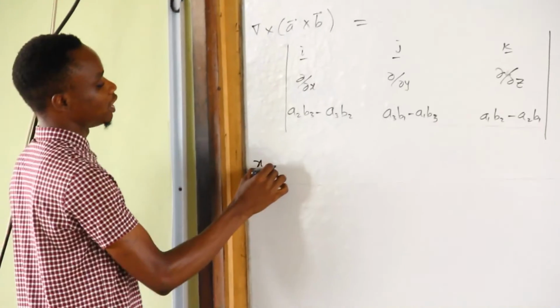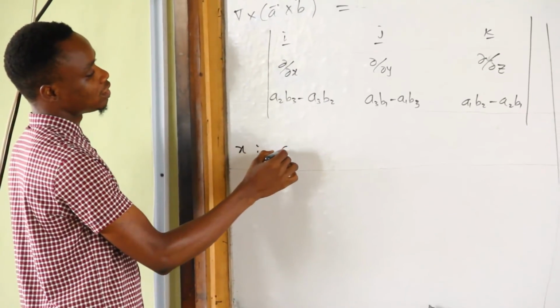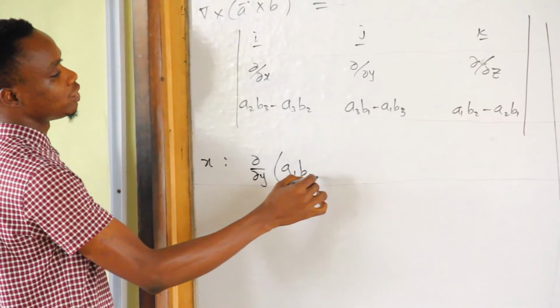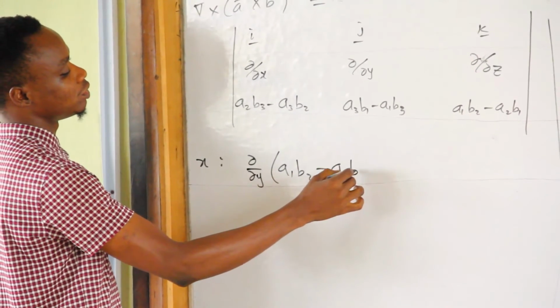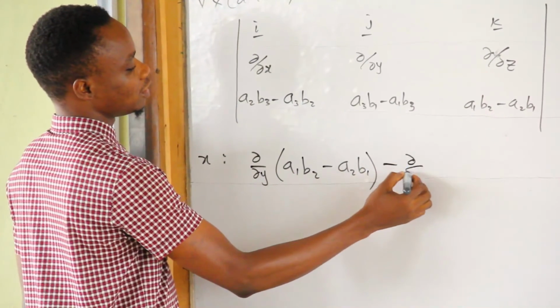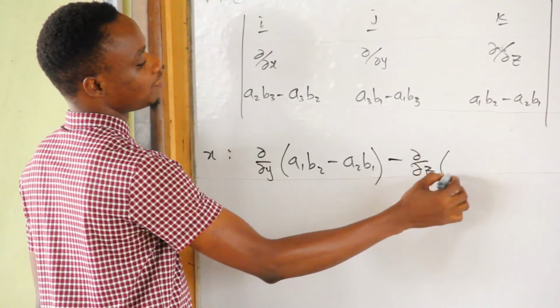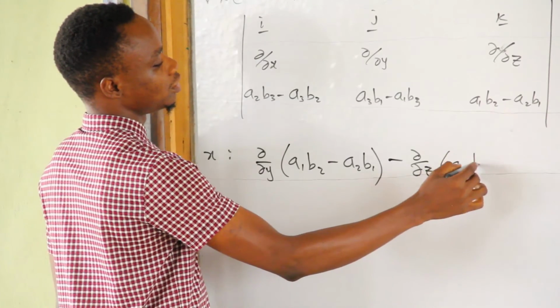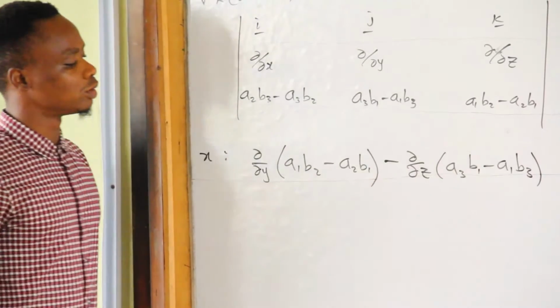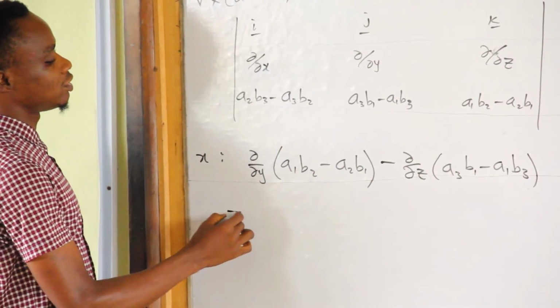I know the x component is going to be del y of (A1 B2 minus A2 B1) minus del z of (A3 B1 minus A1 B2). You get that?